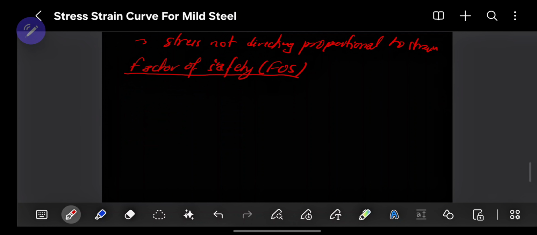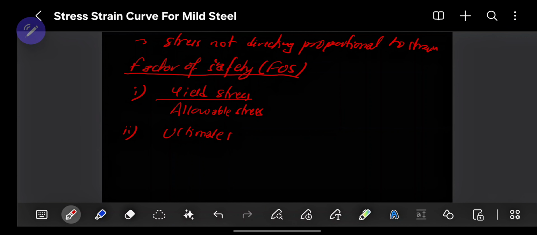The factor of safety can be divided into two segments, or two factors of safety. The first factor of safety is yield stress by allowable stress, and the second is ultimate stress by yield stress.